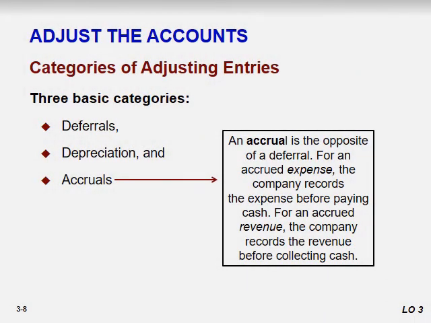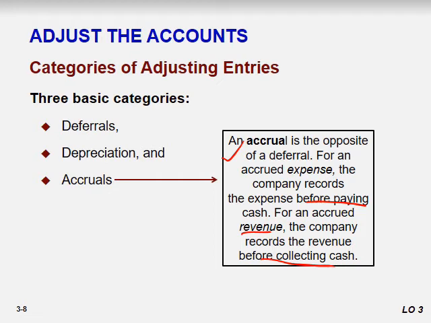And what do we mean by accruals? Accruals is the opposite of the deferrals. For accrued expenses, the companies record the expense before paying. For accrued revenue, the companies record the revenue before collecting cash. Accruals means that your expense has been incurred but you did not pay them.